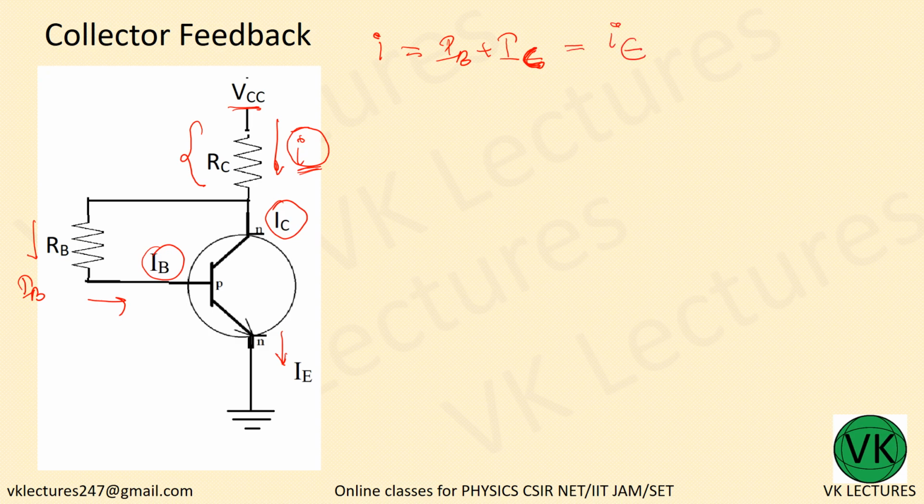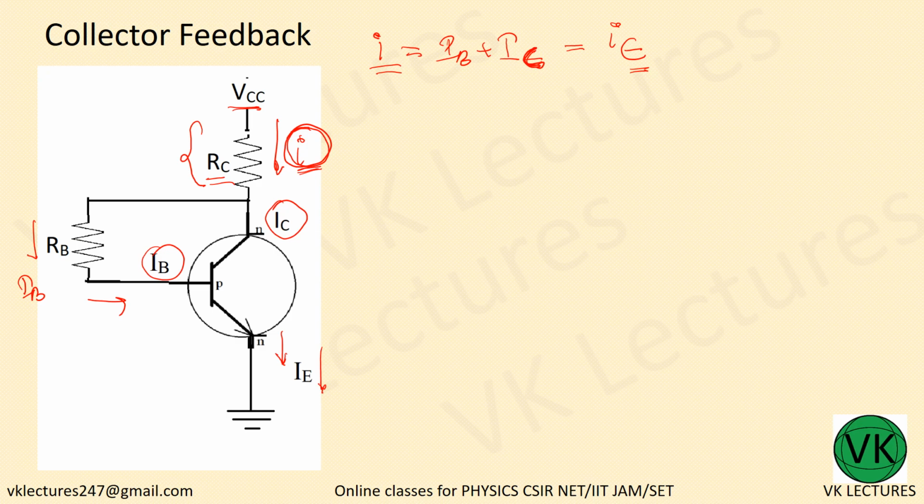That means whatever current is flowing through this RC is also flowing through IE. I hope you got that point. Whatever current is flowing through this RC is also flowing through IE because the total current will not change.